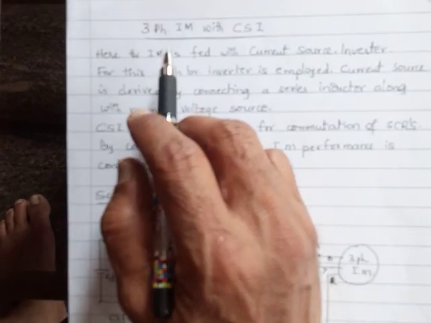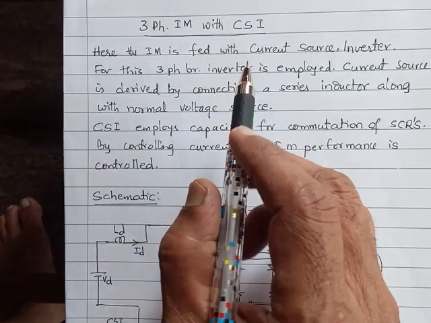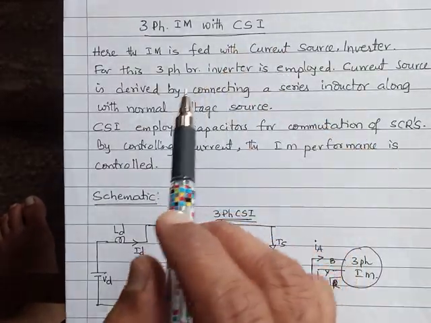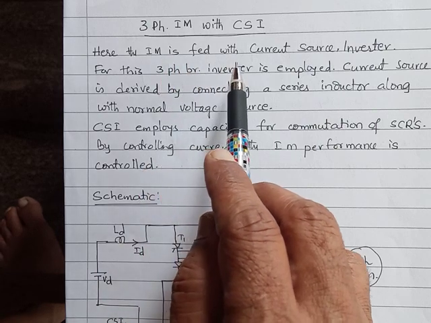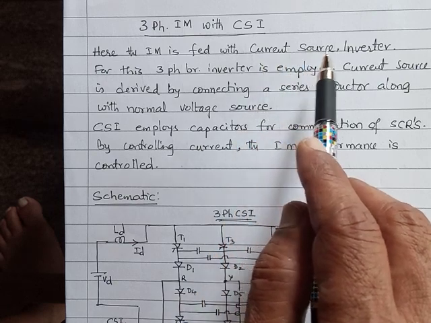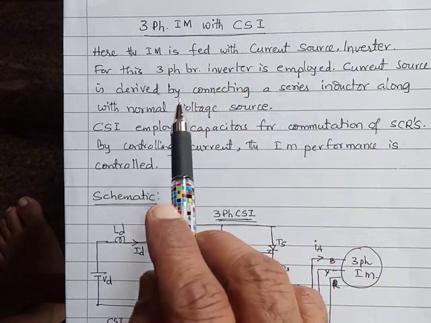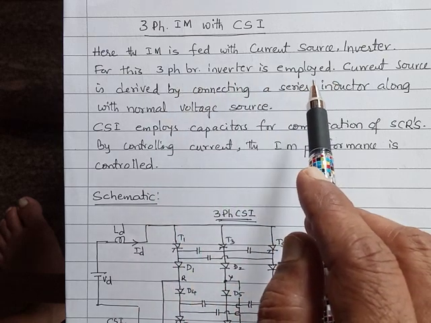First, we will take up three phase induction motor drive control with CSI. Here, the induction motor is fed with CSI. What is that CSI? Current source inverter. For this, a three phase bridge inverter is employed.